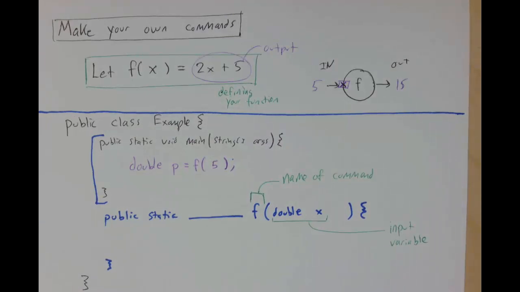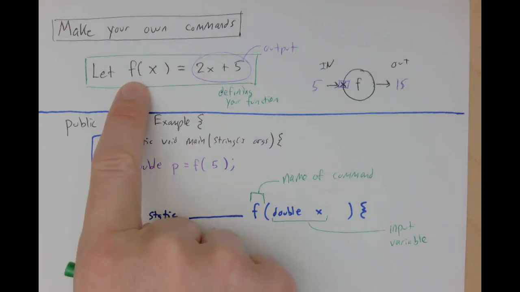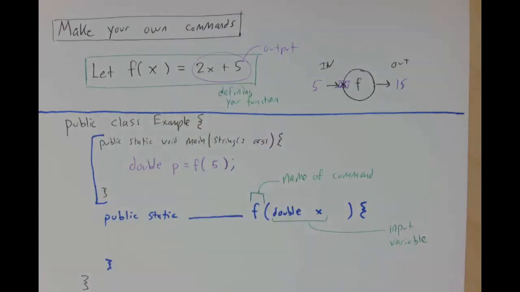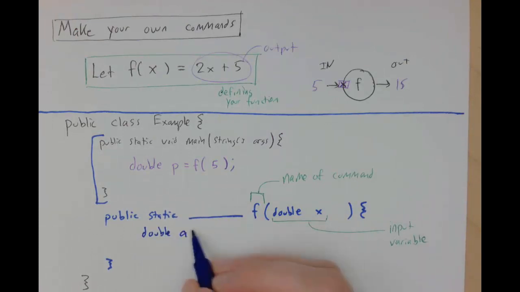All right, so now we have to define what is the action that this command is supposed to do. So for our math function, we wanted it to compute a new answer. So let's do that same thing. I'm going to say double A for answer equals 2 times x plus 5.